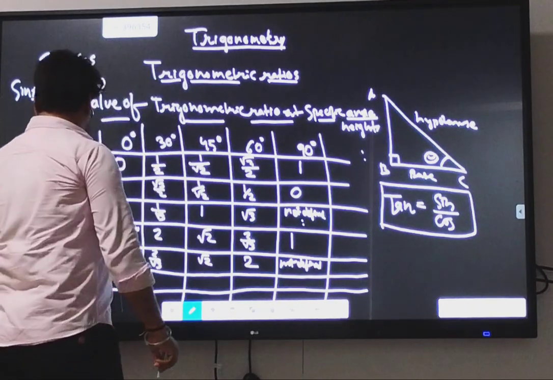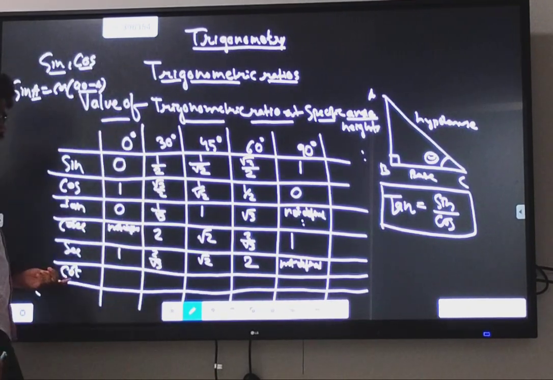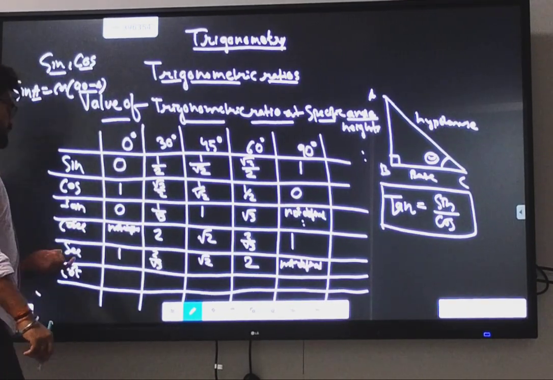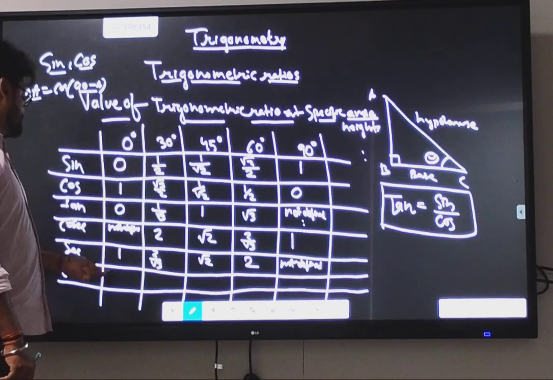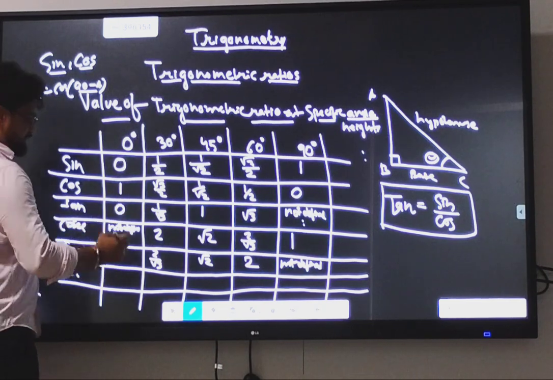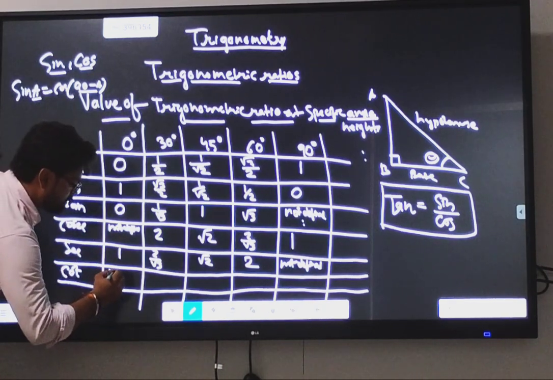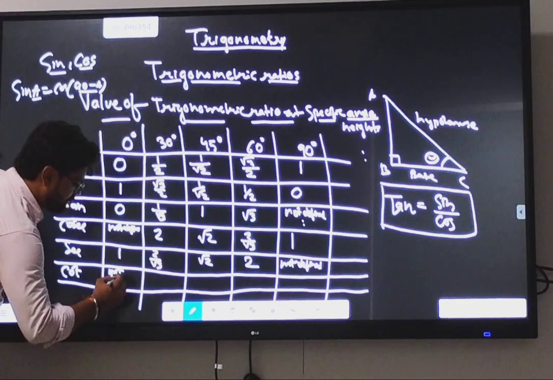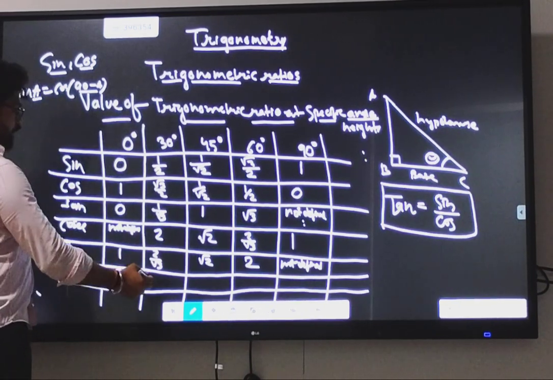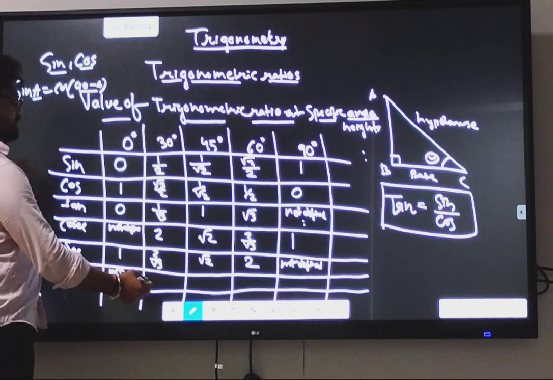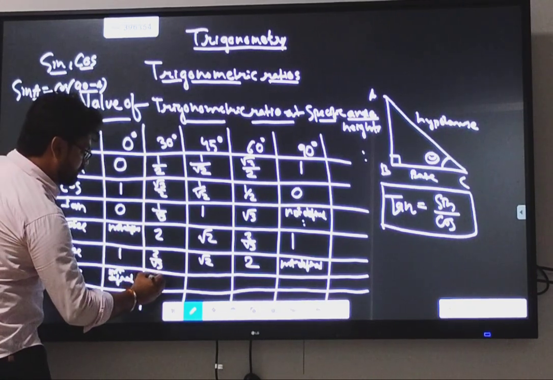Okay, now we have cot. So cot is basically reciprocal. Now we have cot 30, that is reciprocal of tan 30, so it will become root 3.